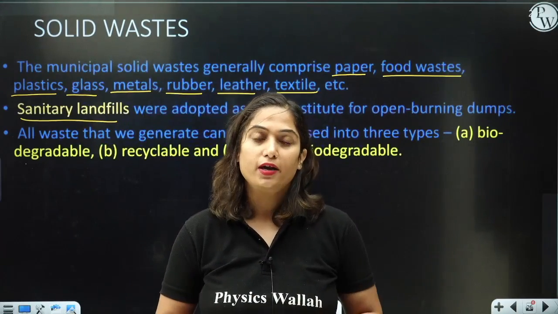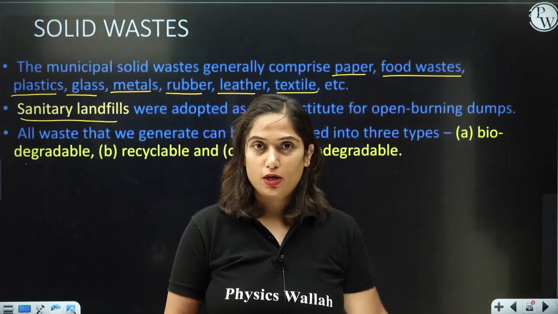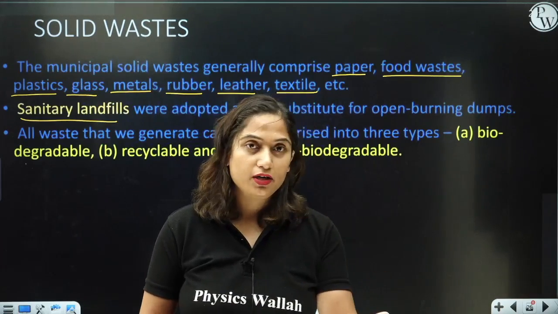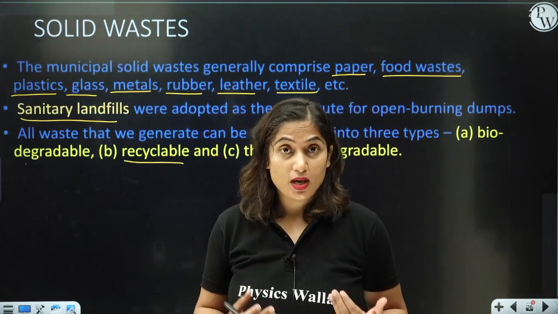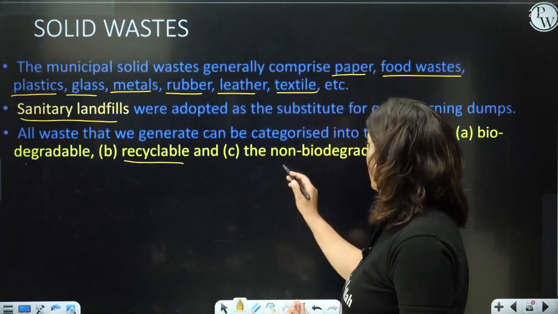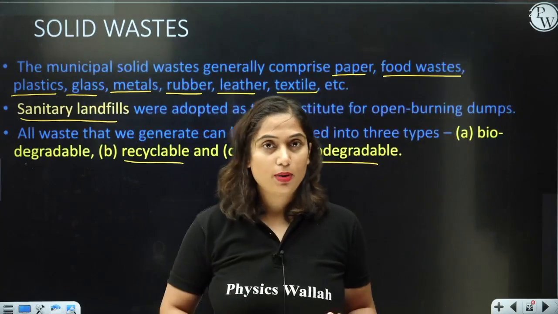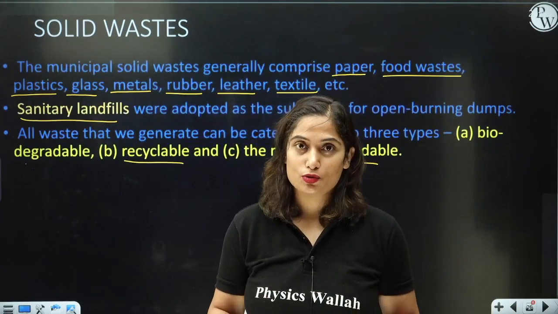That is biodegradable waste, like animal dead bodies and plant parts. These all are biodegradable waste. Then the recyclable waste, the waste which can be recycled, like plastic. Then comes the non-biodegradable waste, which cannot be degraded or decomposed, right?